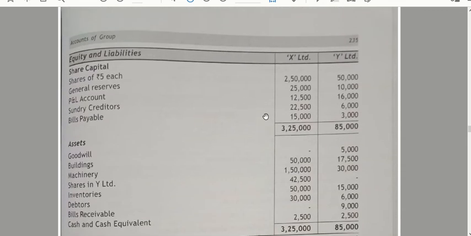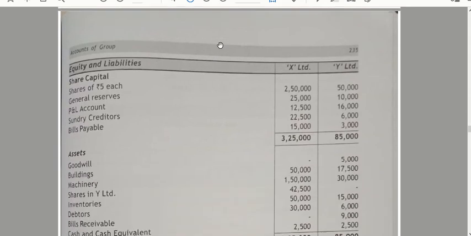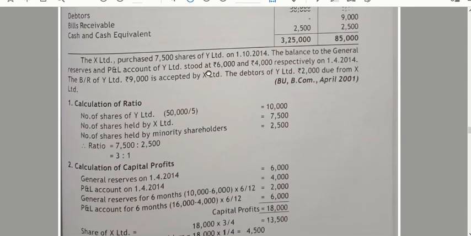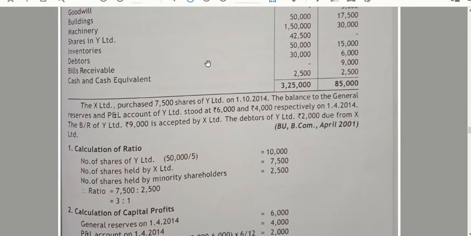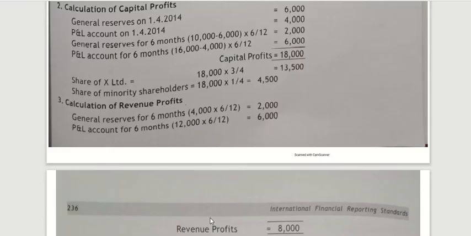The balance sheet runs till 31/3/2015, so what is after the purchase will become your revenue profits, which is there in your balance sheet, and what is given in your additional information will become your capital profit.